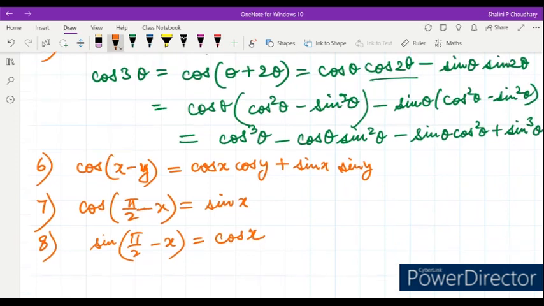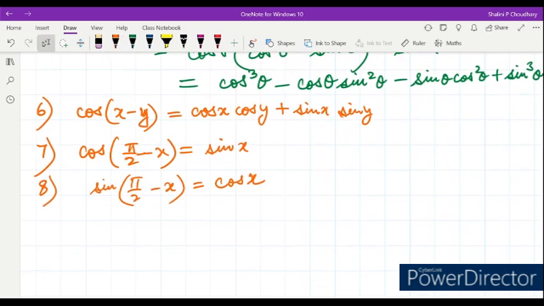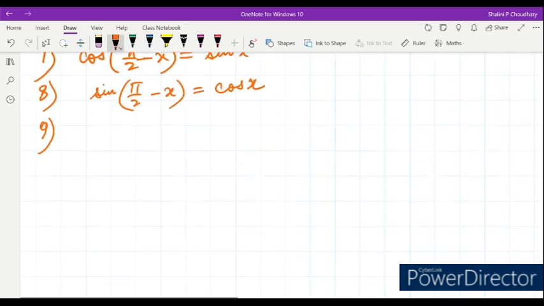Now we'll see the formula of sin(x + y). The formula is sin x cos y plus cos x sin y, right?